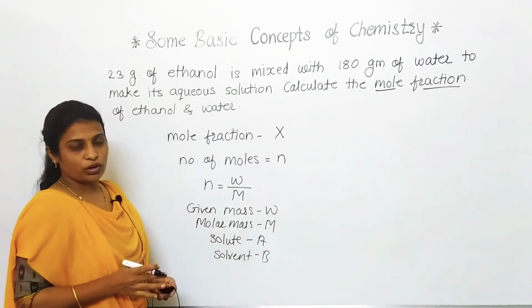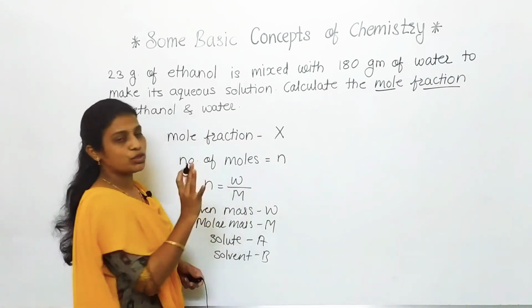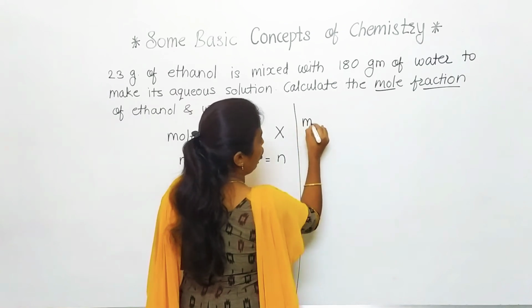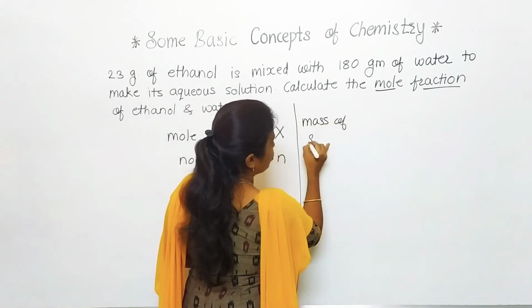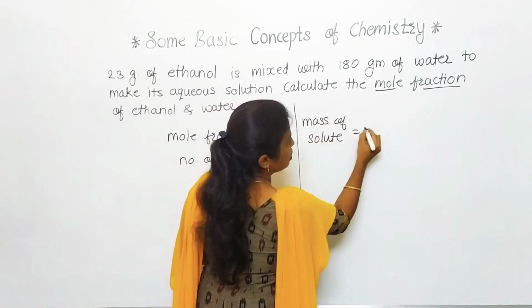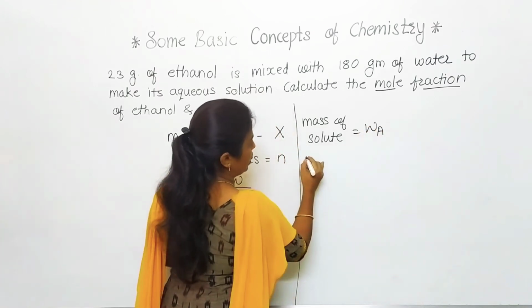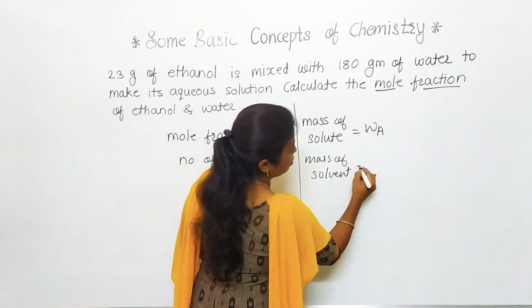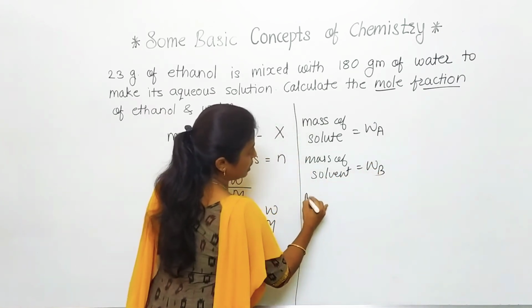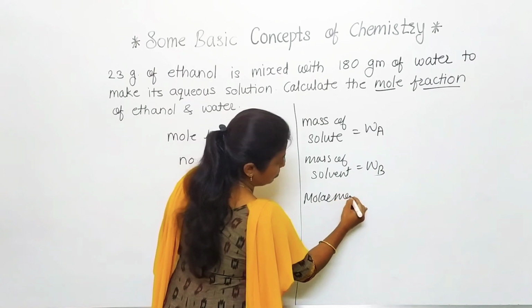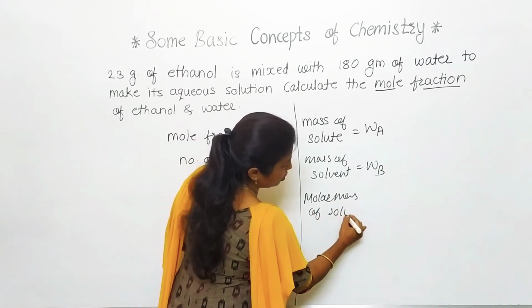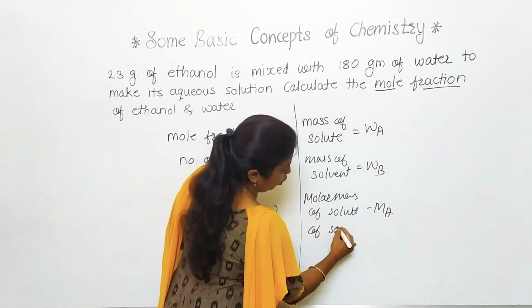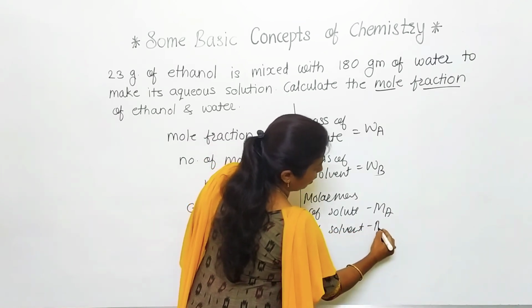These are very important terms because we are using only these. The mass of solute is written as WA, and the mass of solvent is WB. The molar mass of solute will be MA, and the molar mass of solvent will be MB.